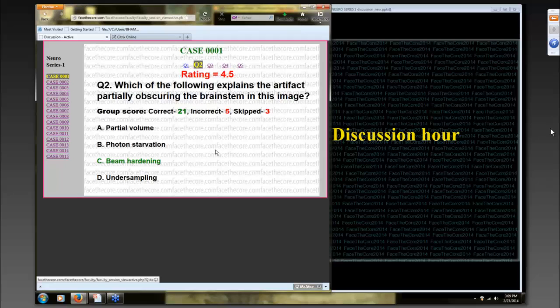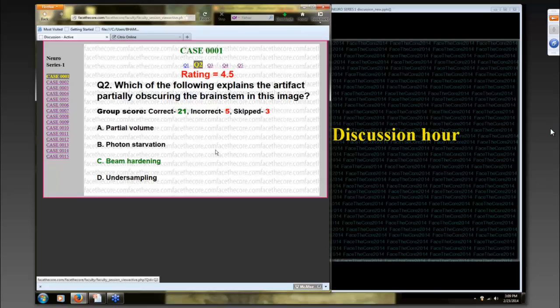There will be a lot of pixeling effect throughout the image rather than right at the junction of the bone and the brain, especially at the petrous temporal bones. That's where the thickest part of the bone is, and because of that, this is beam hardening because of the thick bone rather than photon starvation. If it is photon starvation, it will be more uniform throughout the image rather than confined adjacent to the posterior fossa.